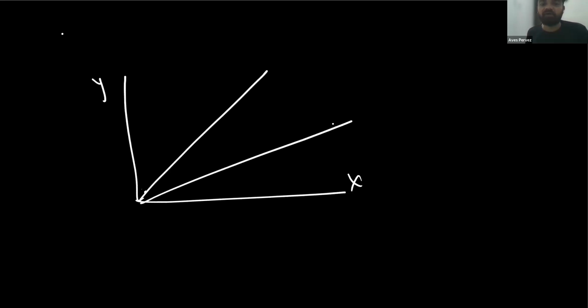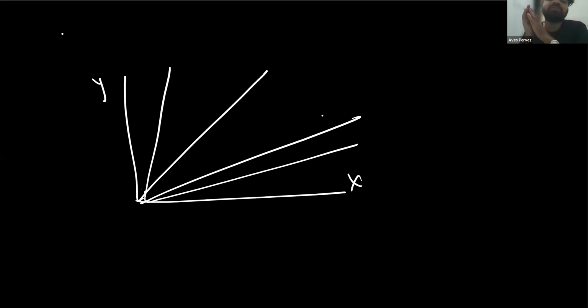So if this is the x-axis and this one is the y-axis, and I draw any line on this, in which plane will it lie? XY plane, YZ plane, or ZX plane? Yes, it will be the XY plane. Why?